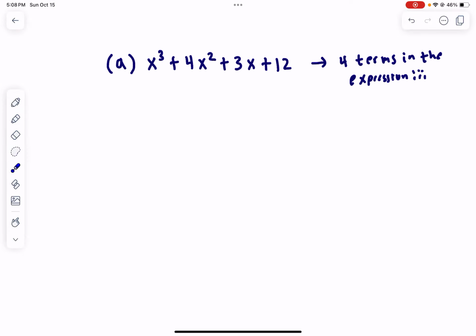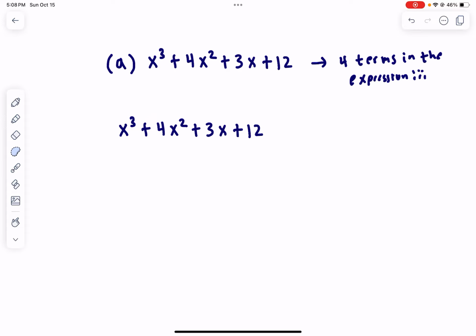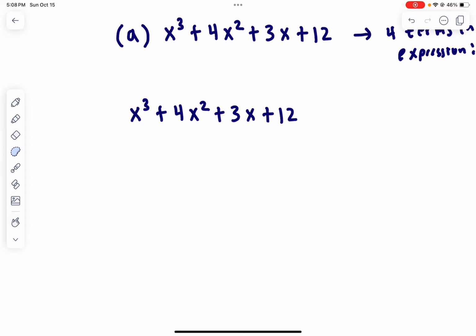So here's the idea. Let's go ahead and rewrite this expression I gave you. What we're going to do is group the first 2 terms together. To show that, this is what we'll do.